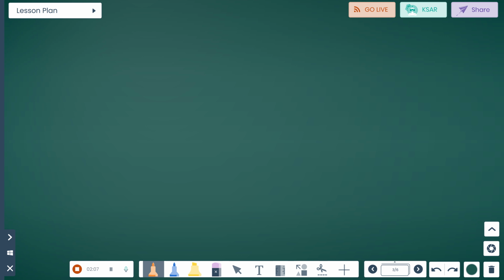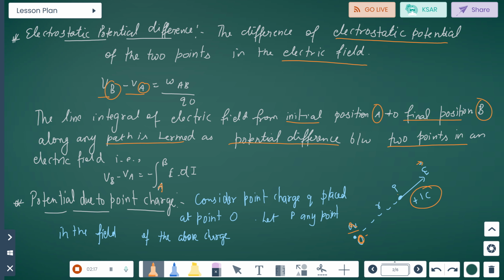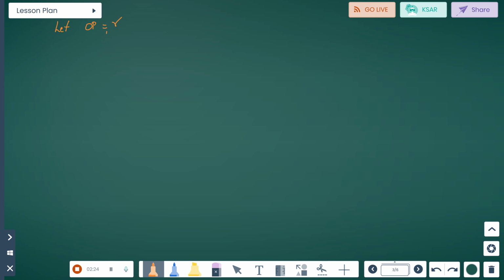Let the distance OP equal R, the distance between O and P in the last figure. Then the field at P due to Q will be directed along OP, given by E equals 1 by 4 pi epsilon naught Q by R square, or in vector form 1 by 4 pi epsilon naught Q by R square R vector.